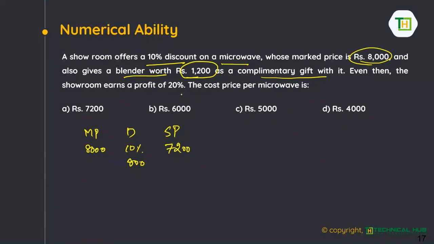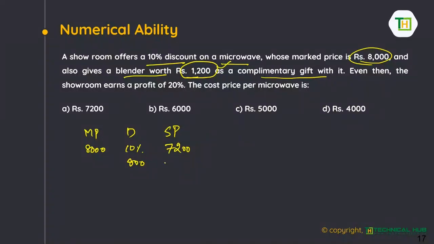Then find the cost price of the microwave. Here, if you observe carefully, the showroom is offering a 10% discount on this microwave, as well as giving 1,200 worth of blender as a complimentary gift. It means this amount is also included in this selling price.